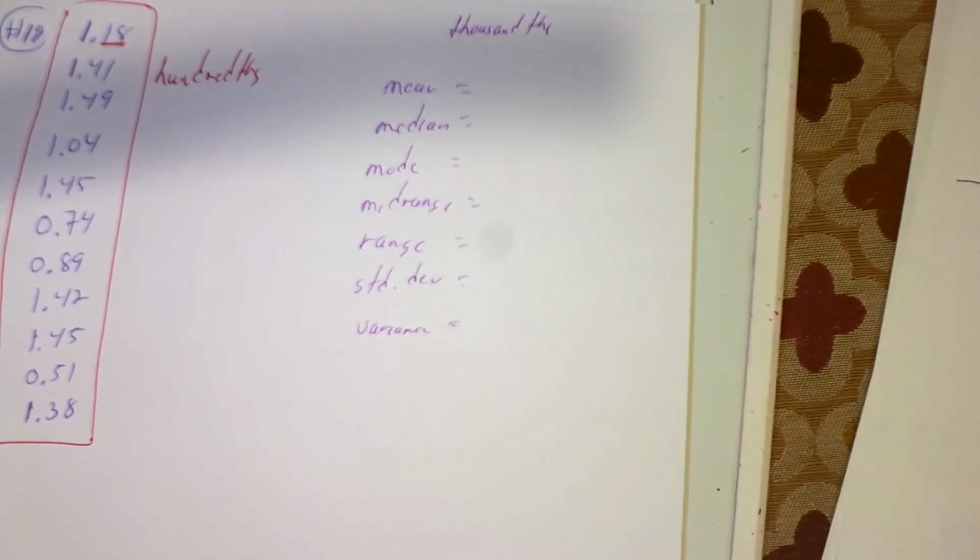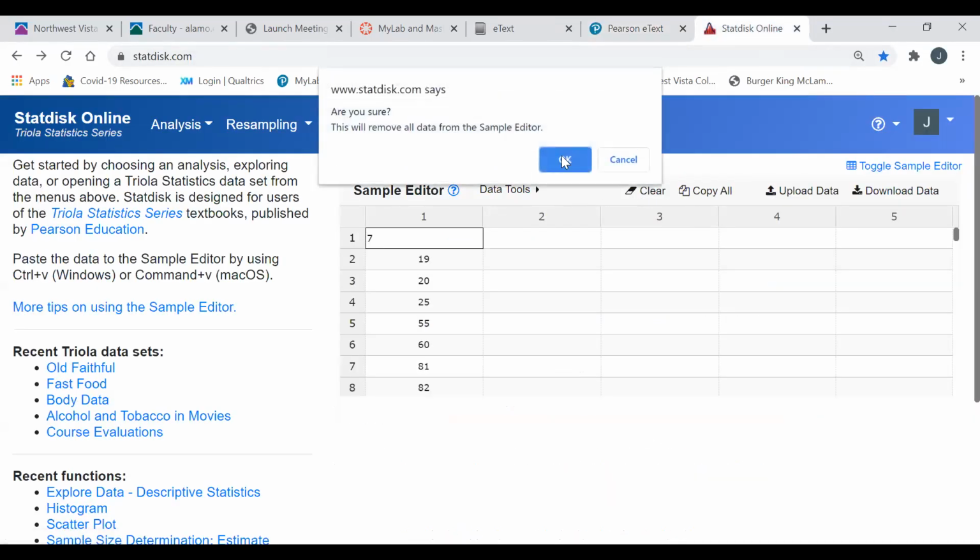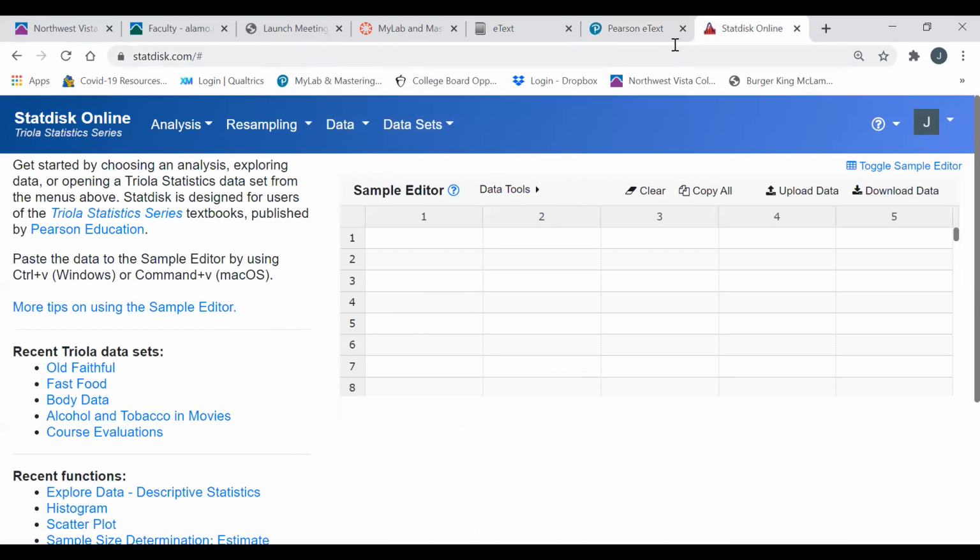Let's go to StatDisk. Enter it in my StatDisk. Clear. Okay, here we go. I'm going to type them in. 1.18.